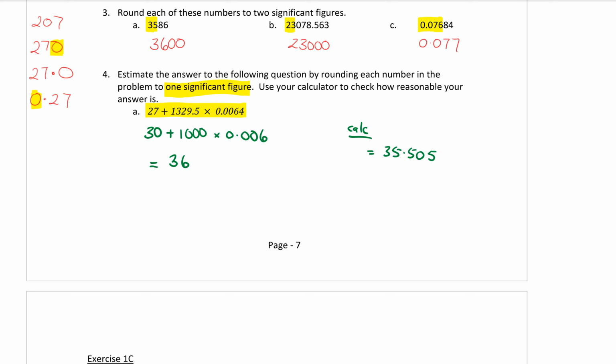Is that what you said? 056. 50. Isn't that what I wrote? Yeah, oh good. Okay, so how close is that? We've gone and rounded all those numbers, but we estimated 36 and the real number was 35.50 something. It was pretty close, even though we rounded, okay?